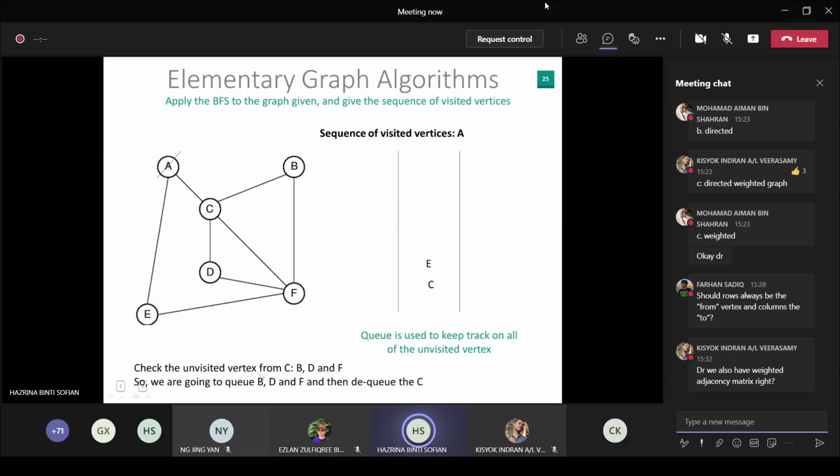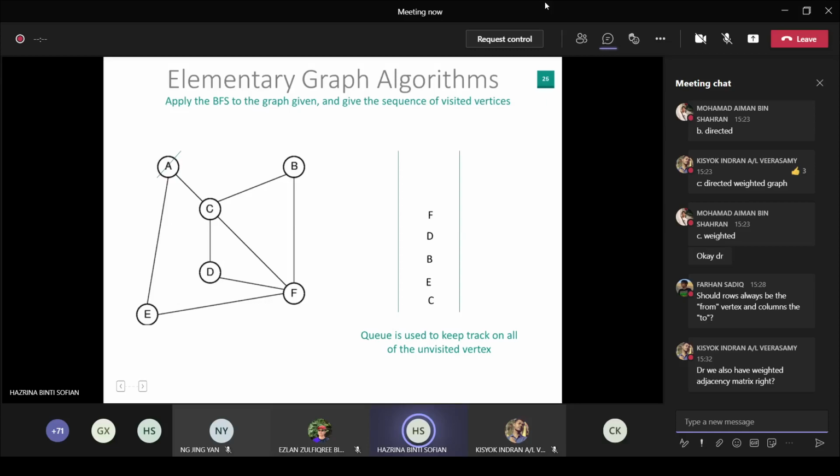Next, we need to check the unvisited vertex from C. Okay, C. The unvisited ones are B, D, and F. So we are going to enqueue B, D, and F. Next, we will dequeue the C. So we have visited A and C for now.